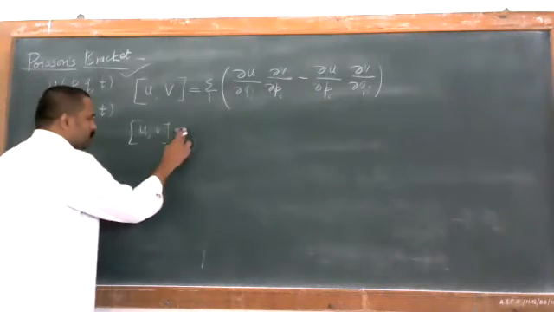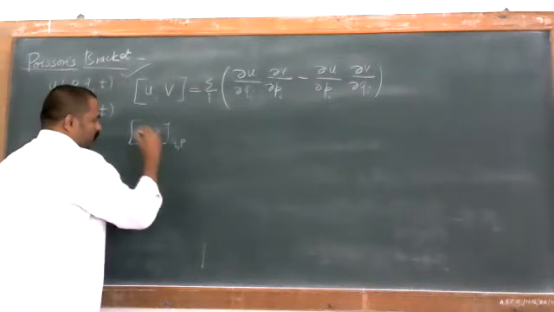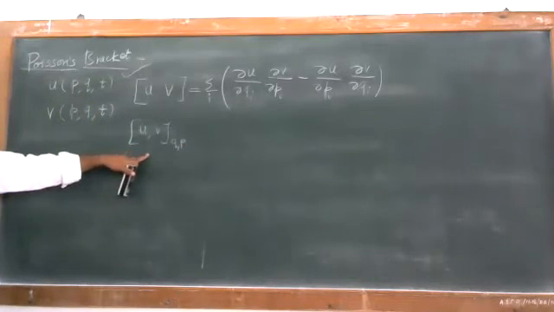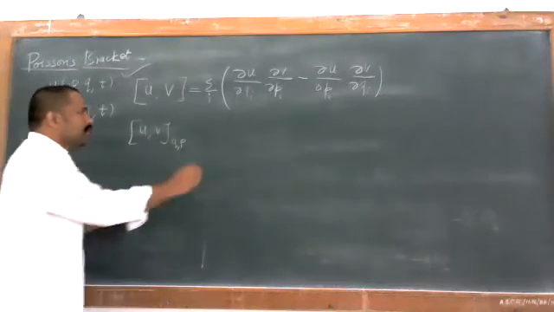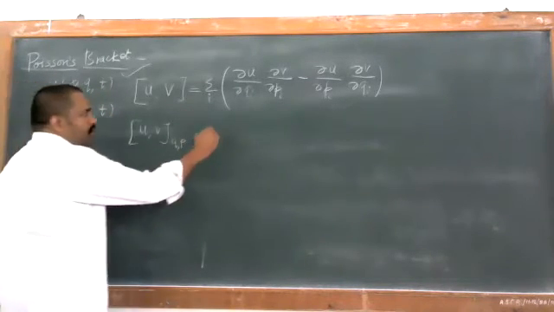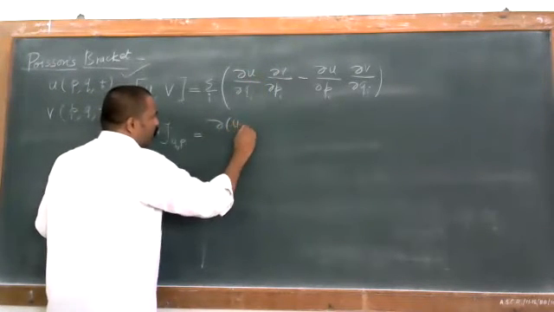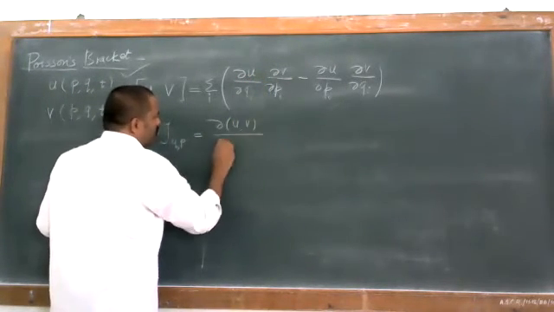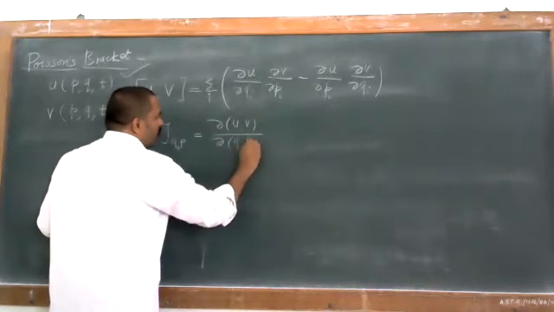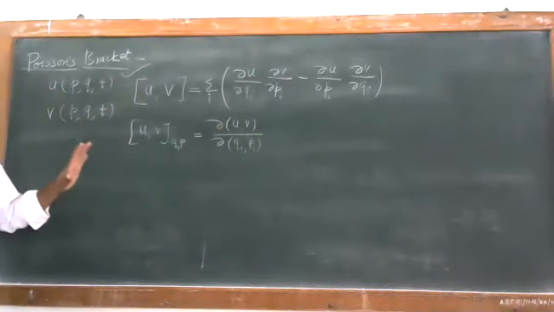We'll just write first q and then p, so that we have a proper sequence. So this is written like this: the Poisson bracket of u, v can be given as the derivative of u, v divided by the derivative of qi, pi.